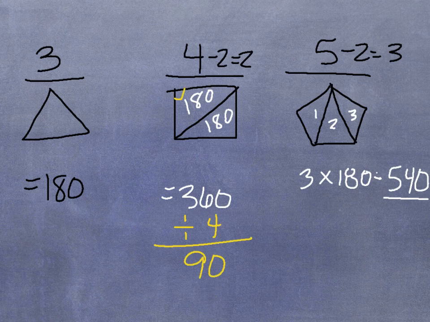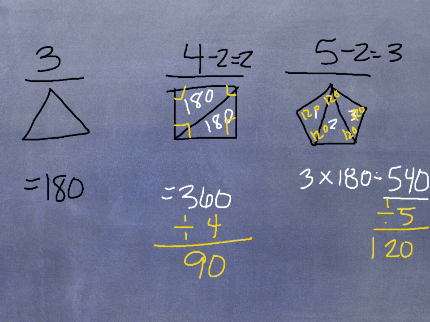That means each angle on the inside is 90 degrees, and that makes sense. Now for the 5-sided shape, I have 540 degrees, so I'm going to divide that by 5, and I get 120. So each angle inside this pentagon is 120 degrees.